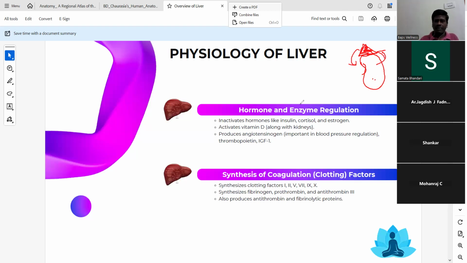The adrenal glands produce cortisol, adrenaline, that is epinephrine and norepinephrine. These are all the neurotransmitters related to the sympathetic system. Acetylcholine is the parasympathetic one.